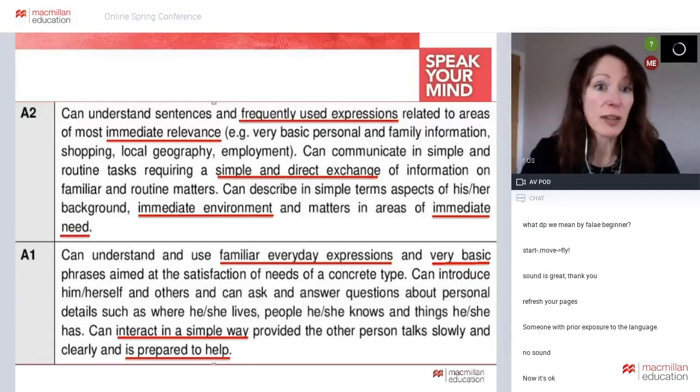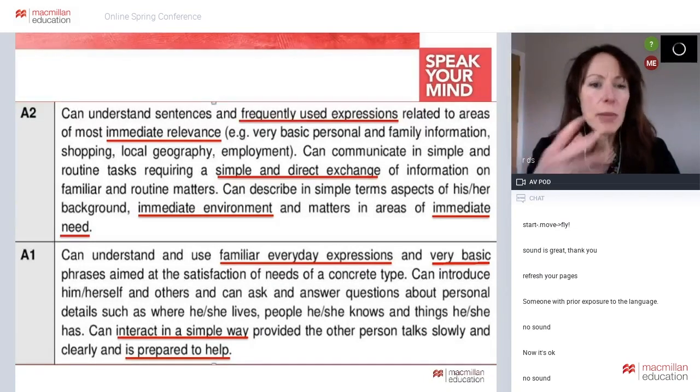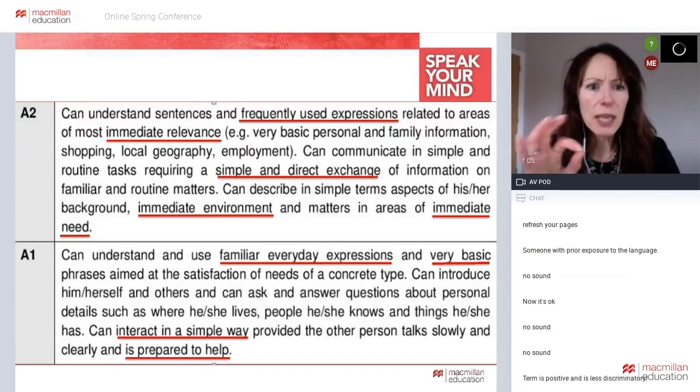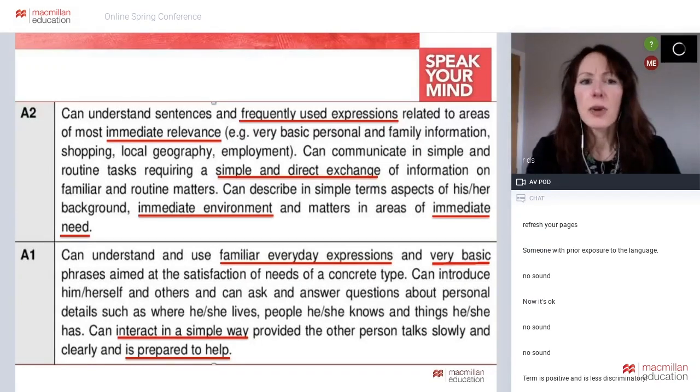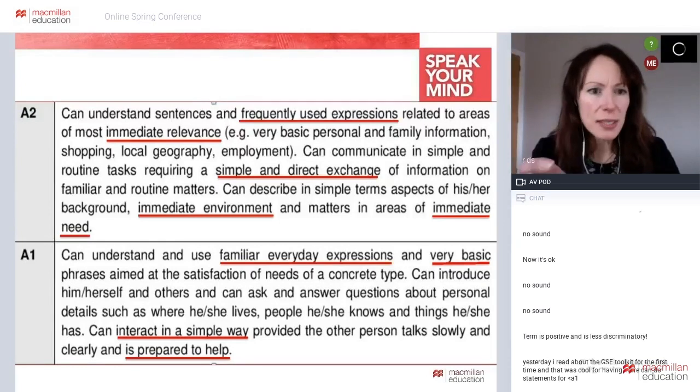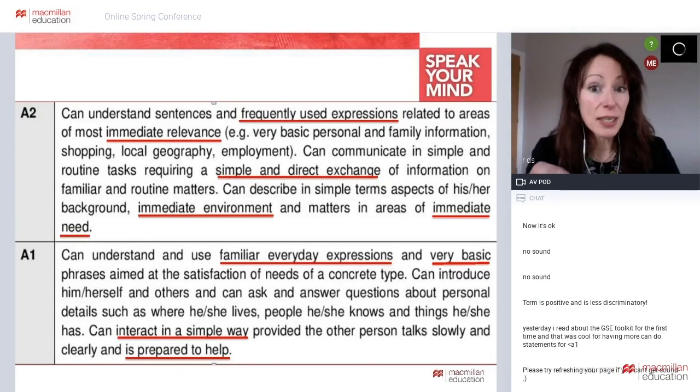I'll just read those out to you now. We've got frequently used expressions, immediate relevance, simple and direct, immediate environment, and immediate need. At A1, the key language: familiar everyday expressions, very basic, can interact in a simple way.